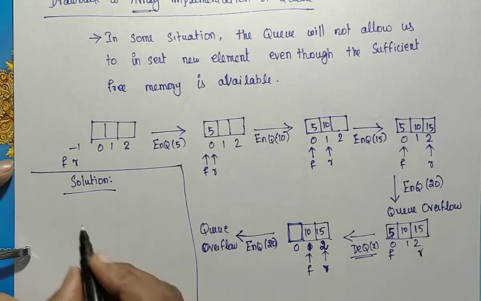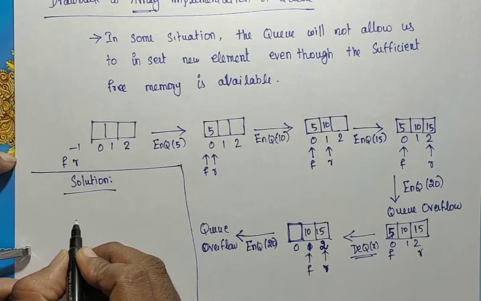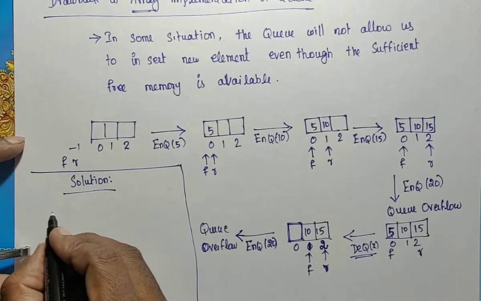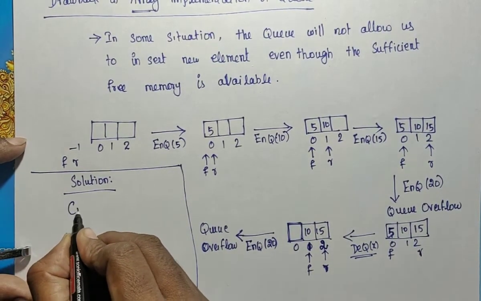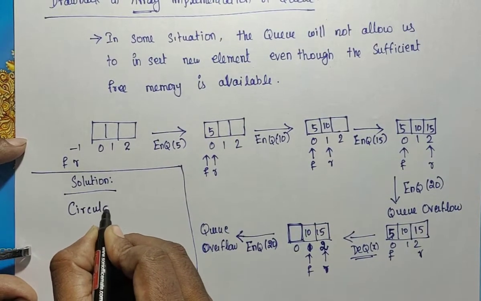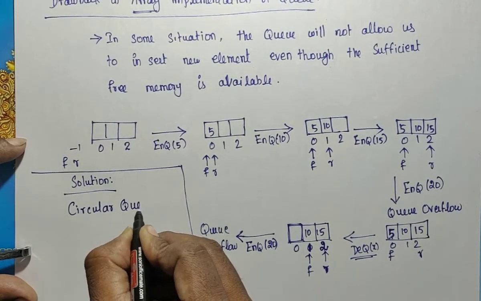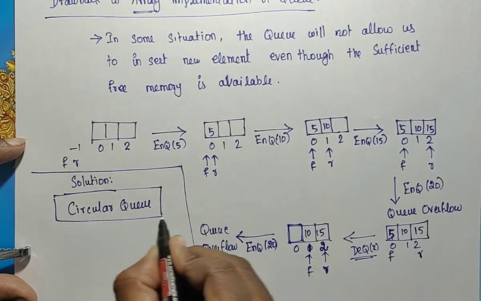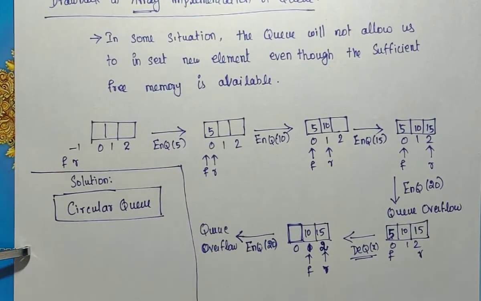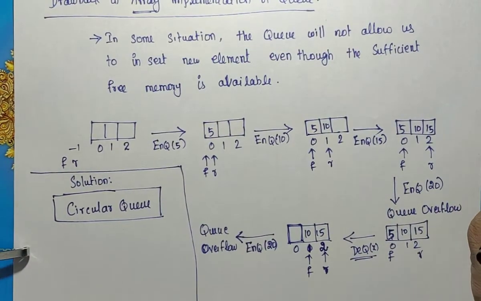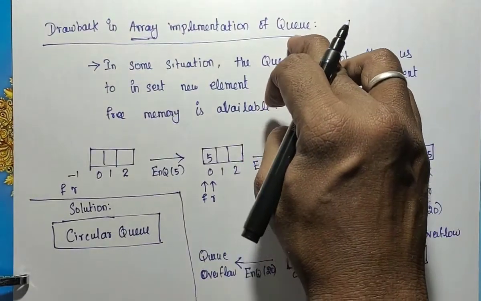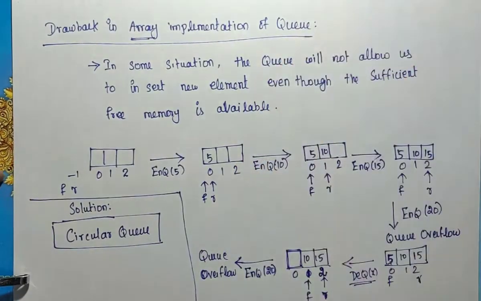We need to modify the algorithm by designing the queue as a circular queue. This is the solution for this problem. It means there are 2 solutions: one is to implement the queue using a list as storage.